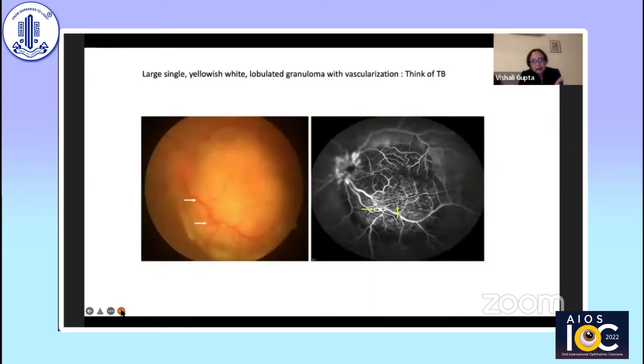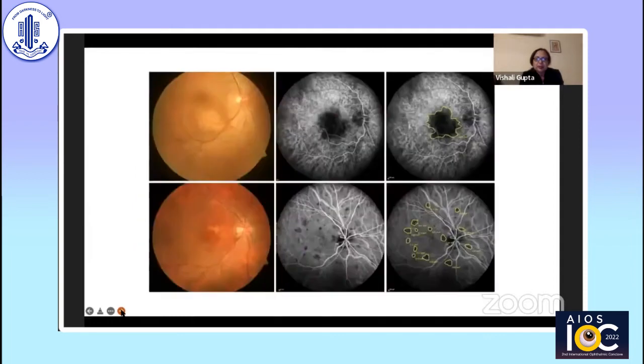Now coming to the phenotypes which are very specific for tuberculosis. For example, this is a large granuloma. And if you have a granuloma which has vascularity, as indicated by arrows, this is a sign which is very, very typical for tuberculosis: a large single granuloma with blood vessels on the surface.